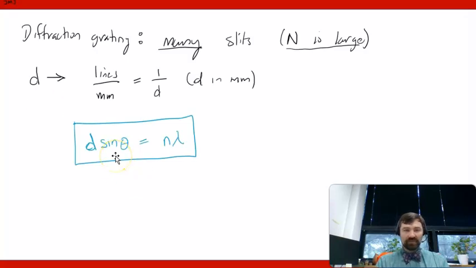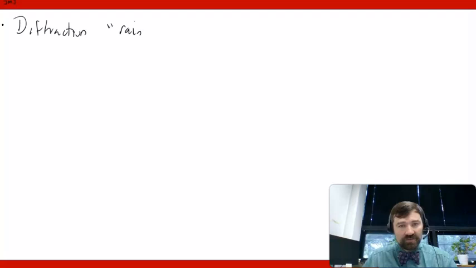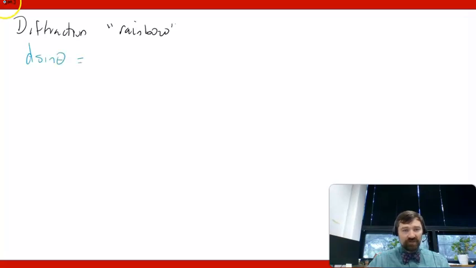Well, again, going back to this equation, d sine theta is n lambda. This is the diffraction rainbow. This is coming to us because we have different values of lambda for different colors of light. So let's say that we take n equals 1. So what if n equals 1?